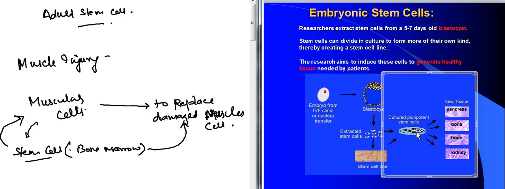After culturing we can provide a specific condition, and the cells can proliferate into any one type of cell, like pancreas, bone, brain or kidney. It's up to the condition we provide to the stem cells.